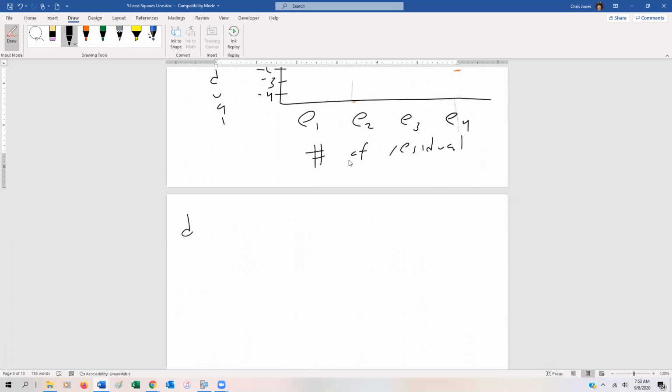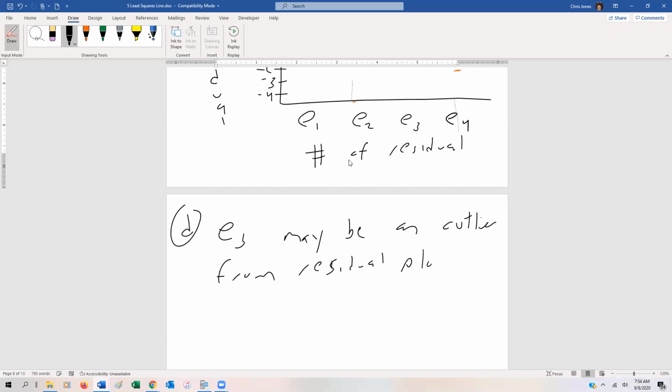So it appears that E3 may be an outlier from the residual plot, since it is far away, or is relatively far from 0. When you say relatively, that means compared to the other ones.